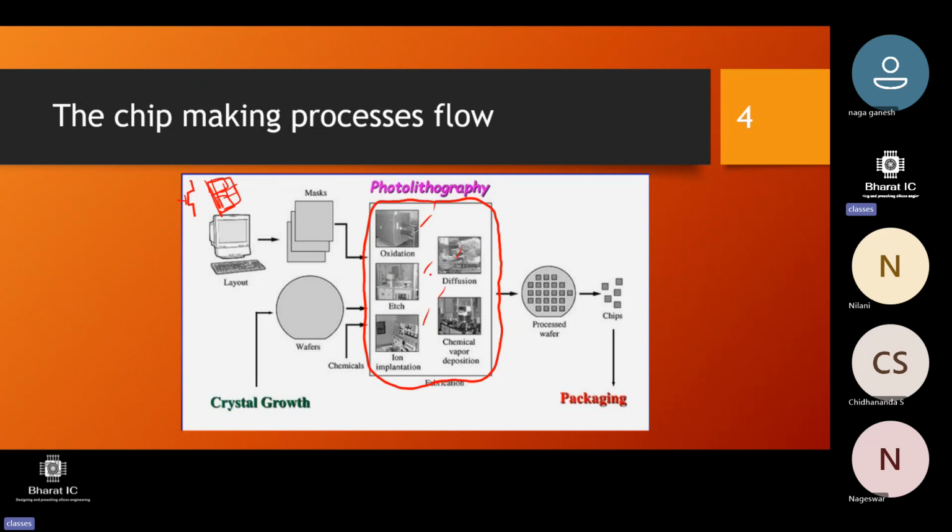These all happen under these processes: oxidation, etching, ion implantation, diffusion, because NVL is created using ion implantation. So you have to say that for NVL we use ion implantation. Then chemical CVD process, then diffusion, then some polishing, then finally it comes out. So you have to explain this whole hierarchy, including those points I told you in yesterday's class. Then you will be able to properly explain the whole layout thing.